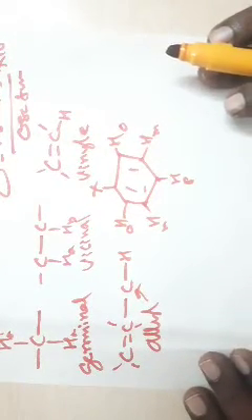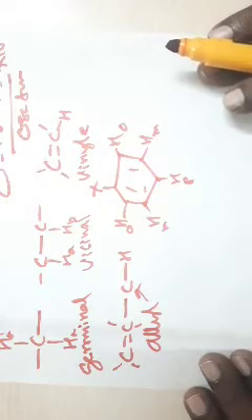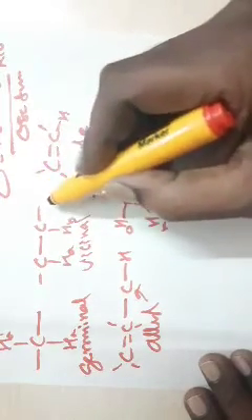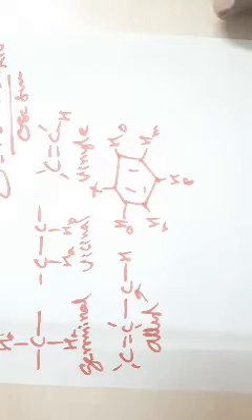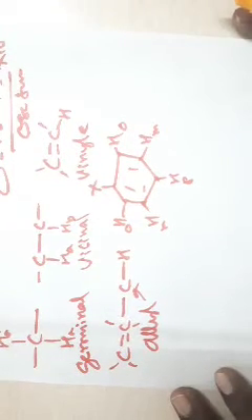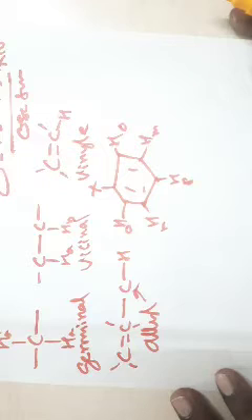Coming to the vicinal protons, the protons are present in different environments, so it depends on the substituent that is present. If the electronegativity of the substituent is different, then the coupling will differ and the J values will be different.